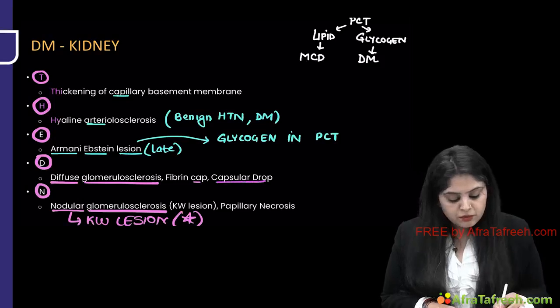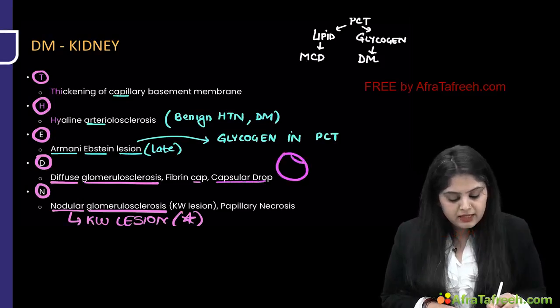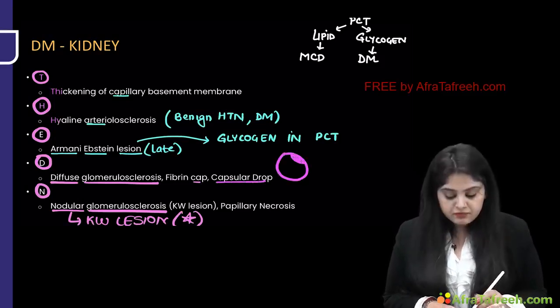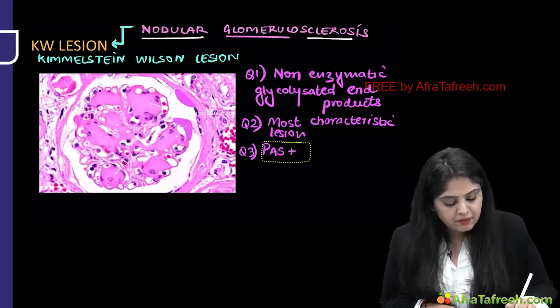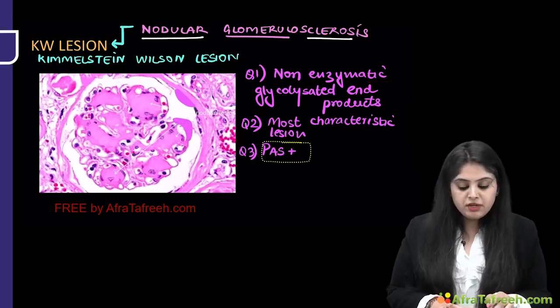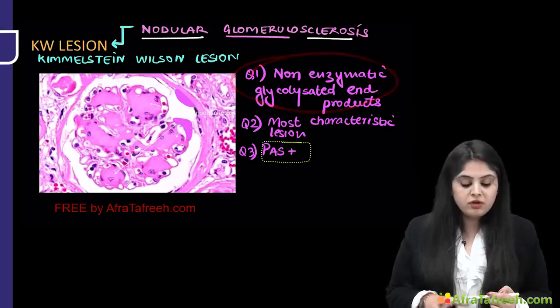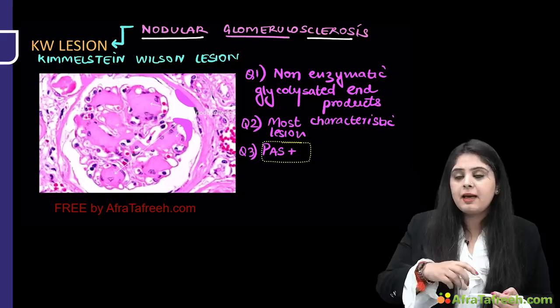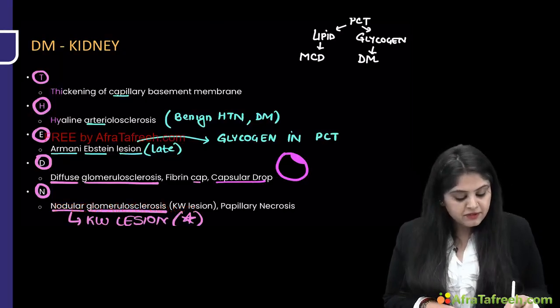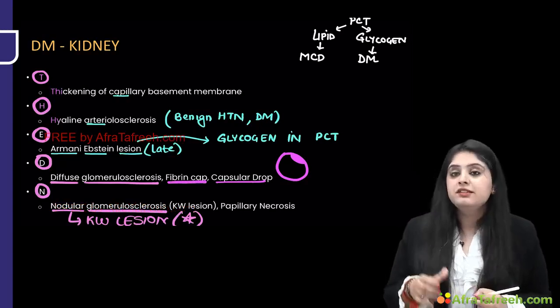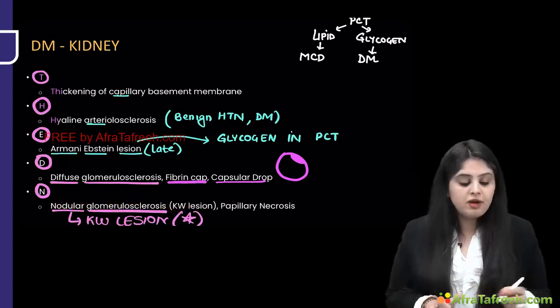If it would have been sitting on the capillaries like a cap, if these pink products sit on the capillaries like a cap, I call it a fibrin cap. So there's something called drop and cap that you have to know with D.